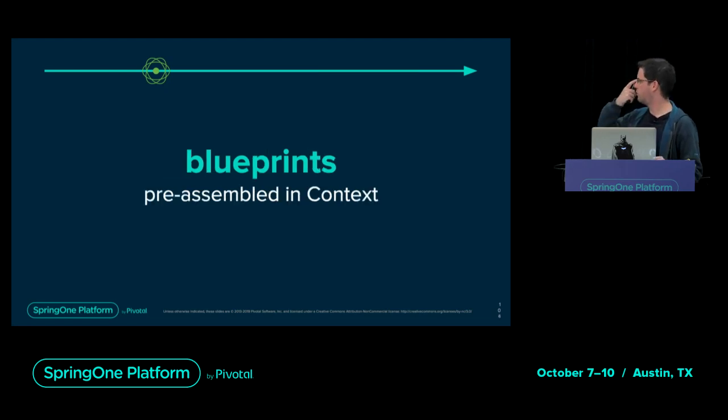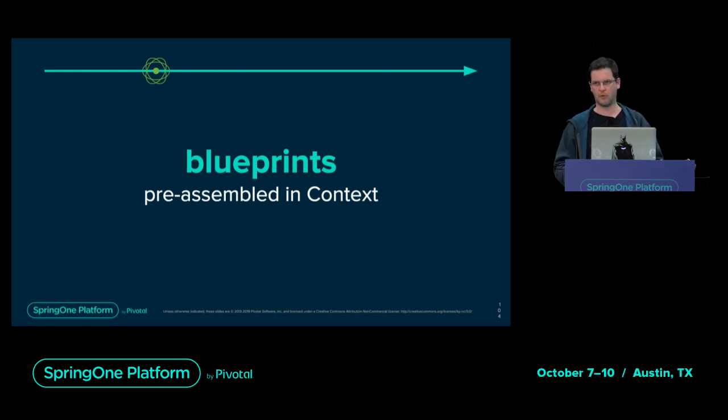We want to work on blueprints as well. The idea with blueprints, or the early stage idea, is that we want to pre-assemble pipelines in the context and then feed them with a source last minute, which would avoid some instantiation.